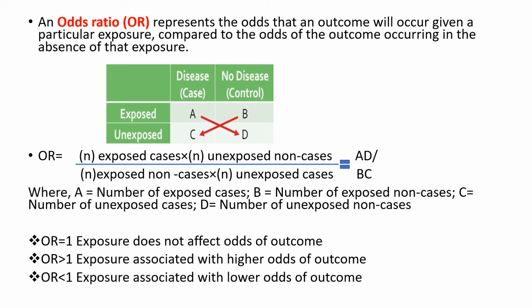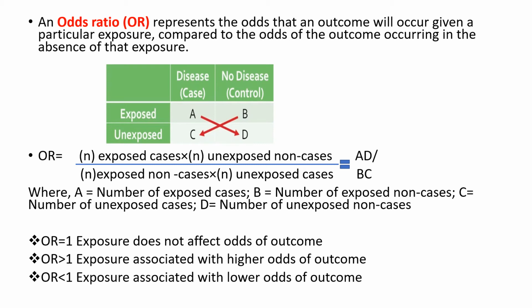Group A represents the exposed people who are diseased, that is the exposed cases, or A. Then B is the exposed non-cases, C is the unexposed cases, and D represents the unexposed non-cases. And the odds ratio is nothing but the number of exposed cases multiplied by the number of unexposed non-cases, divided by the exposed non-cases multiplied by the unexposed cases, that is AD divided by BC.